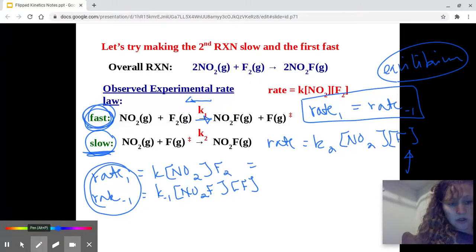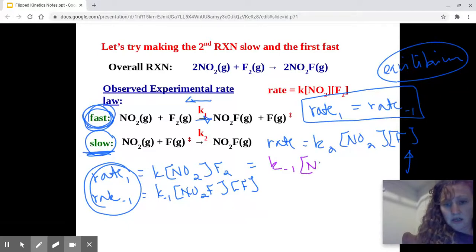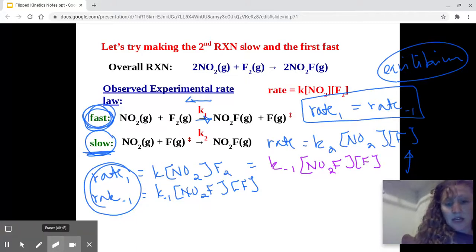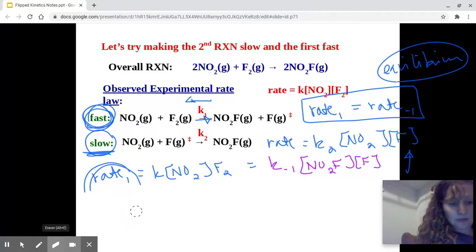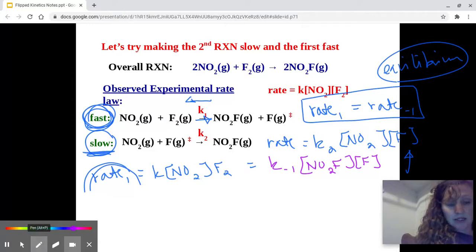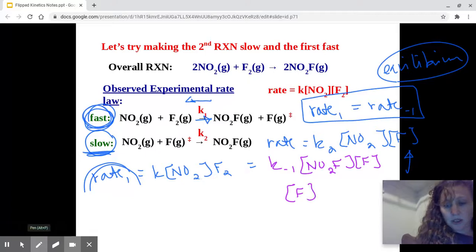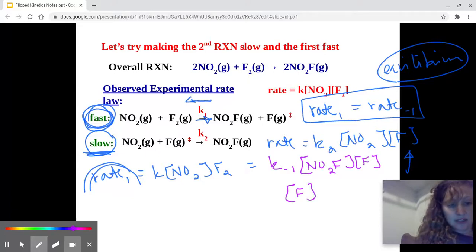Let me switch colors so you see what I'm doing. K1 NO2 F2 equals K -1 NO2 F. All right. And now we can solve for that intermediate and plug in what we solve for into our equation. Okay, so I'm going to isolate F by itself. So I'm going to divide both sides by everything that's next to F.